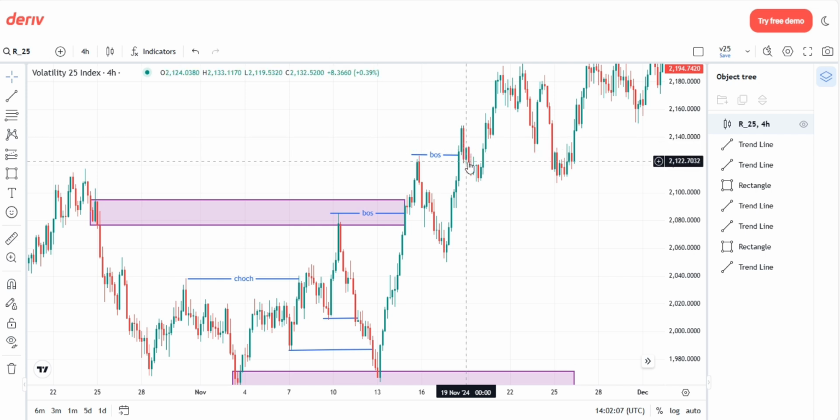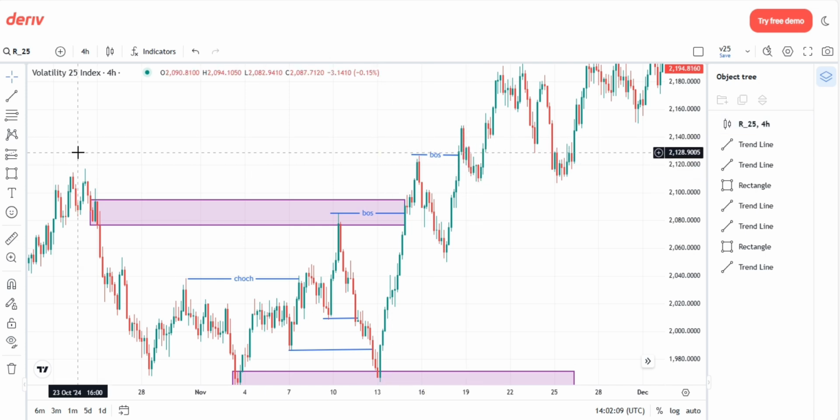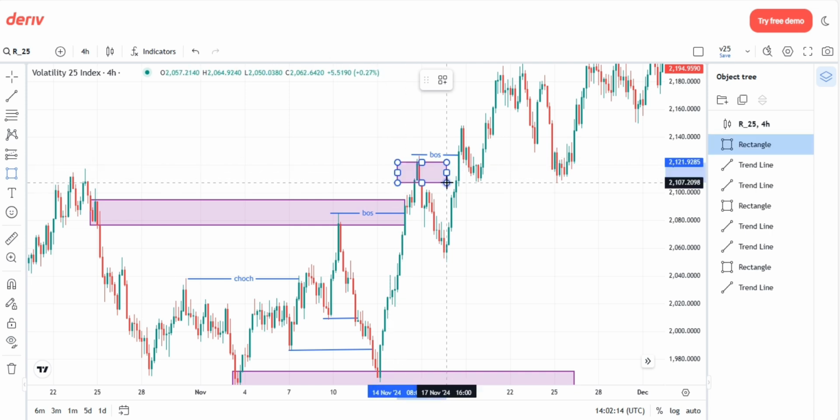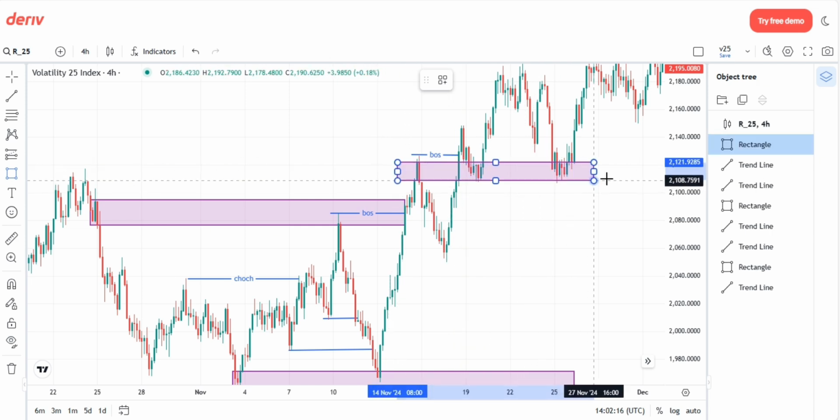After it broke structure here, you can see the market did some price correction and then it respected this order block.